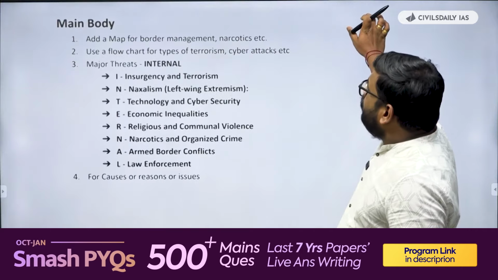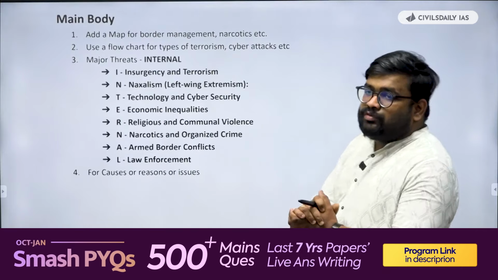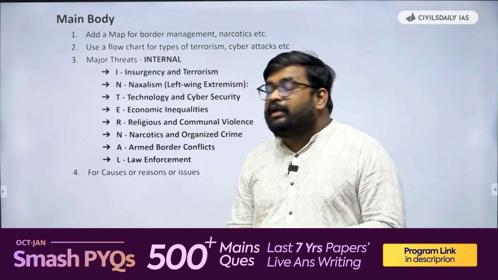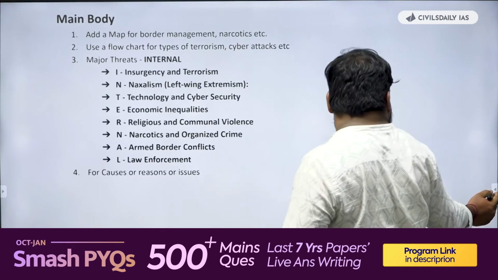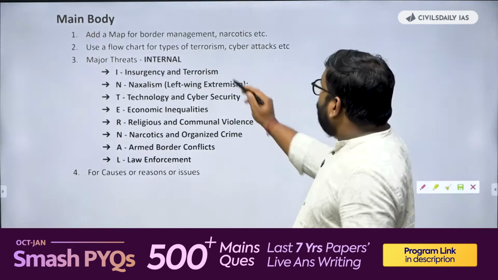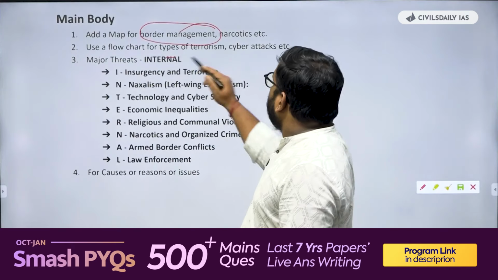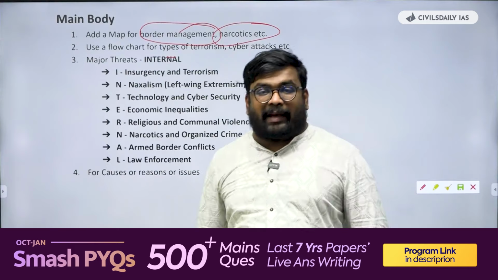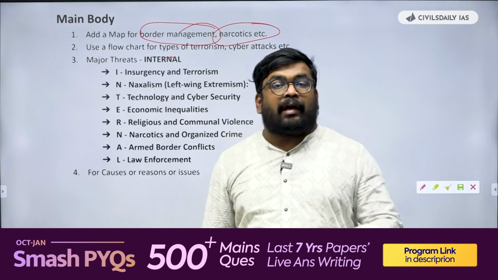Now, coming to the main body. Immediately after the introduction, if the question is on border management or on narcotics, try to draw a map and make sure your map is detailed.